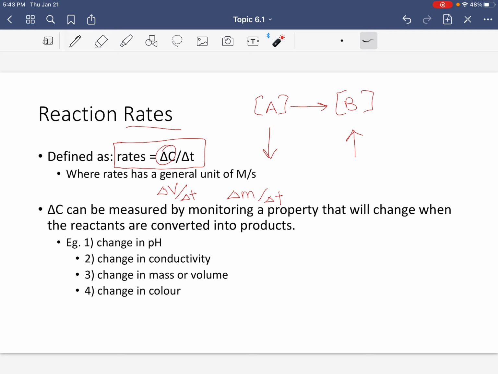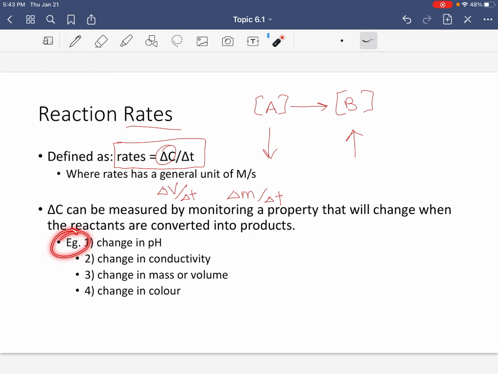So when you're doing an experiment and you're trying to figure out the rate of the reaction, other than looking at the change in concentration, you can look at the change in volume and look at the change in mass, by monitoring properties. What are some of the properties?